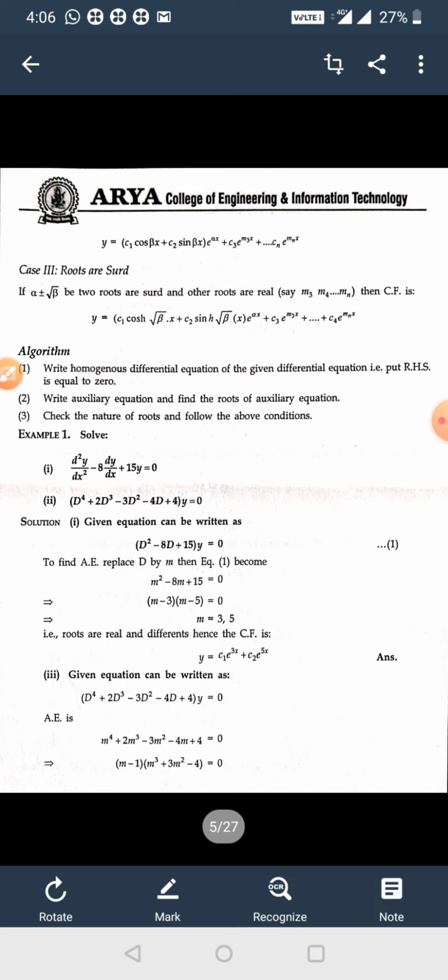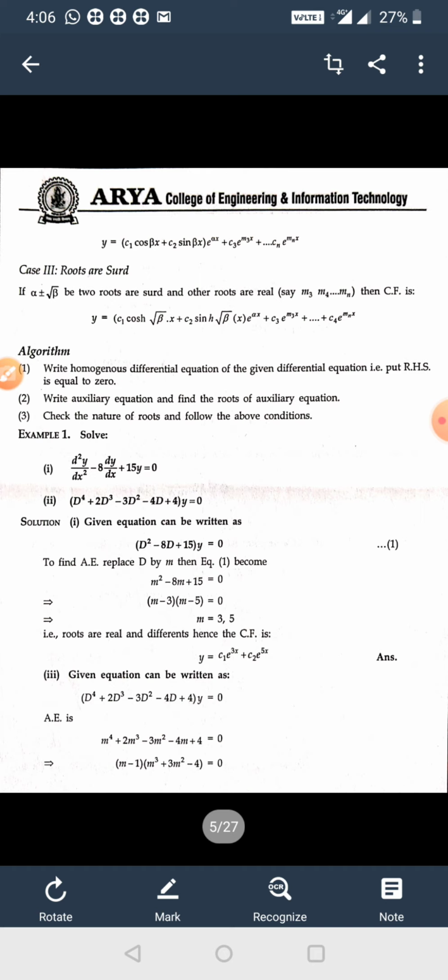And if roots are in the form alpha plus root beta, then CF is given by c1 cosh root beta x plus c2 sinh root beta x and so on.